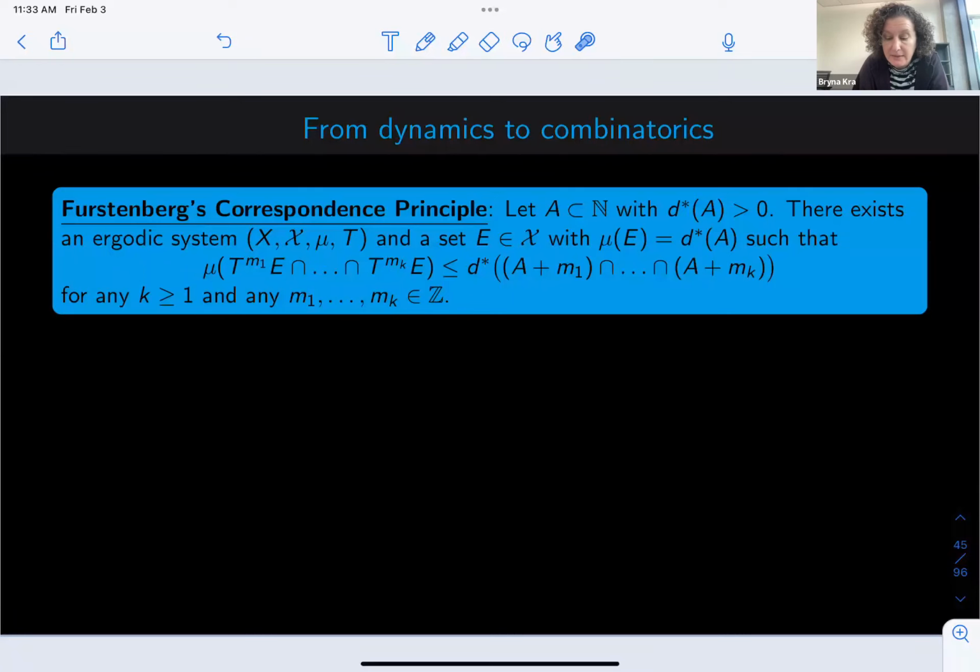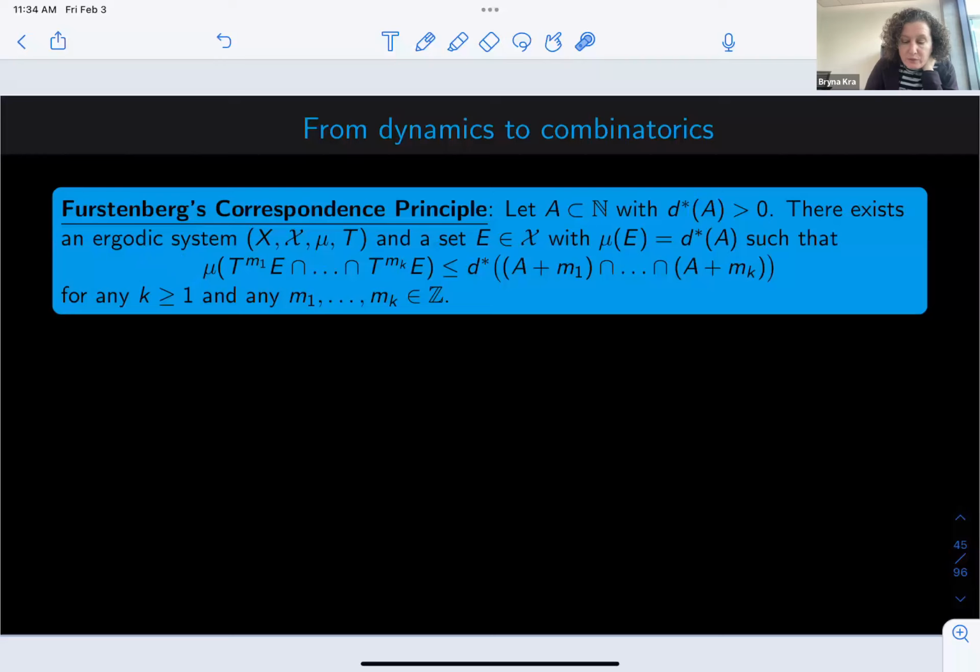So what do I mean by pick up that behavior? It means the set E in the measurable setting has the same measure as the density of the set A over in the integers. And when you start translating the set in the integers, so M1, M2 up to MK are some translates that you look at, and you intersect those translates, a lower bound for the density of those intersections over in the integers is exactly what's happening in the iterates of the set over in the measure preserving world.